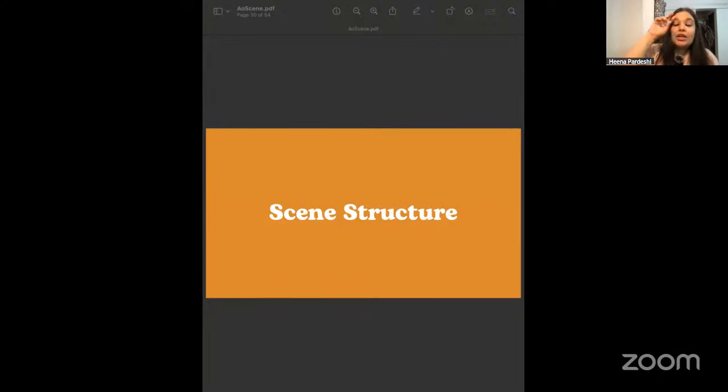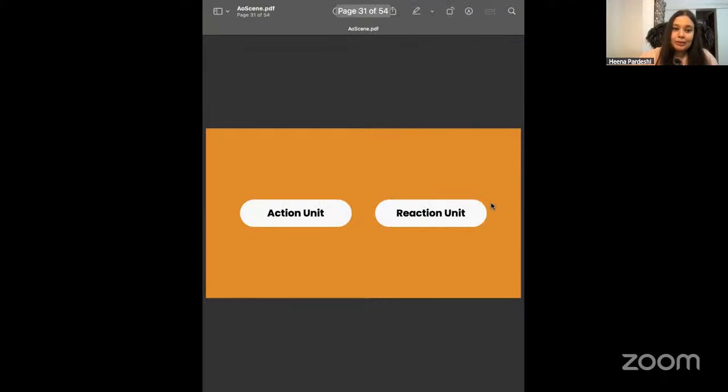Anyway, so a scene is made up of action unit and reaction unit. Action unit is the external movement and reaction unit is the internal movement. Together these two create the scene cycle.